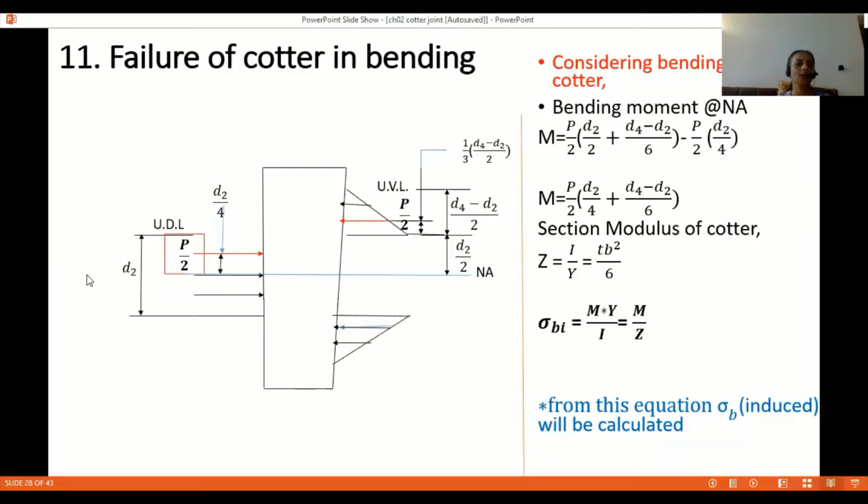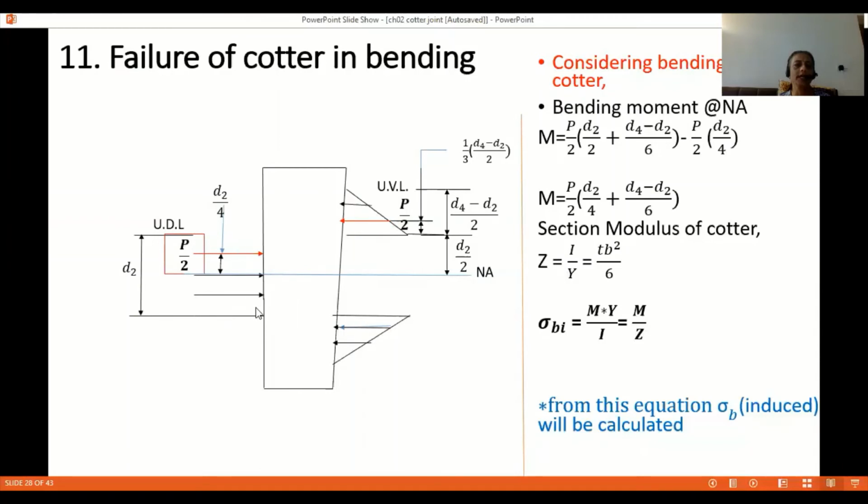As we know that load acting on the axis is P, as we will be considering only upper half portion of the cotter, so we will be taking load P by 2 on both sides. Here we can see that this is the spigot part.